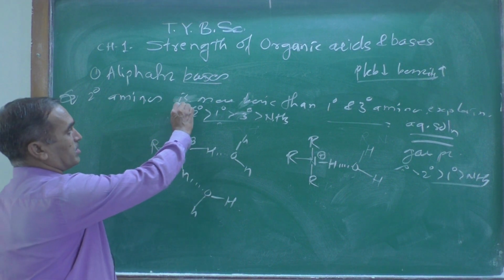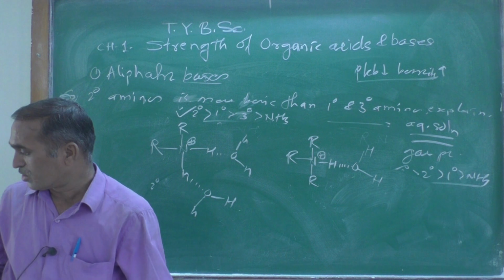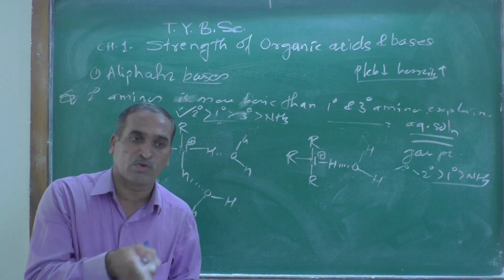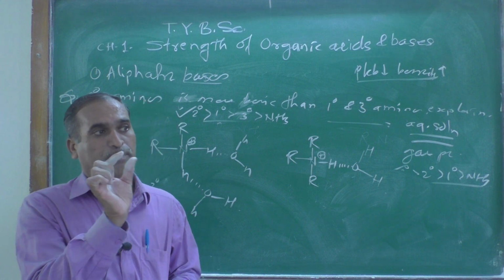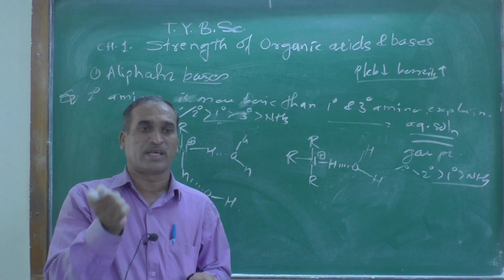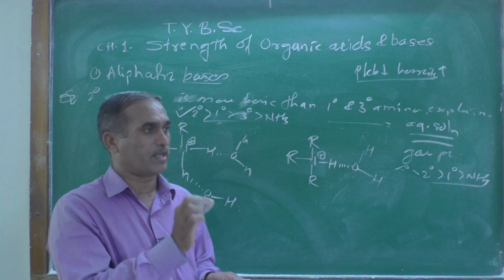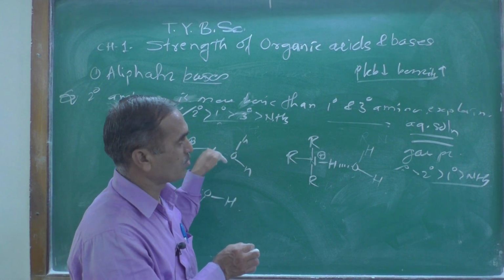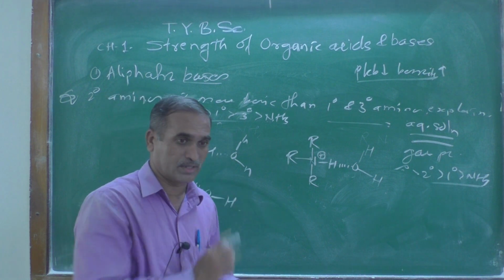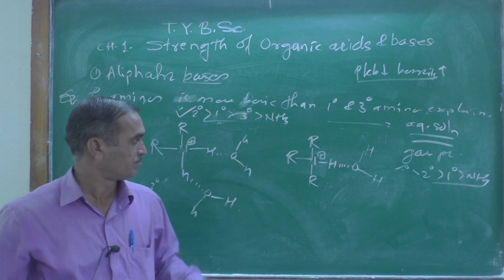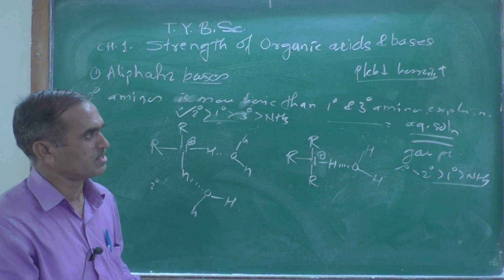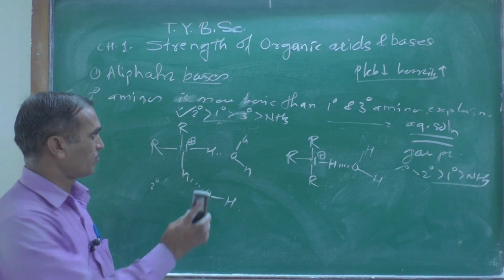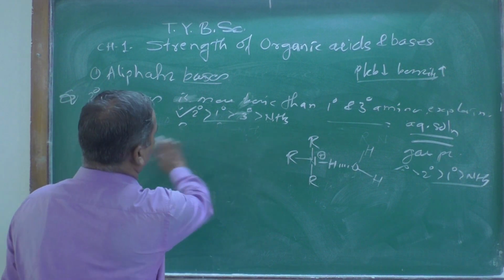Therefore this one is the strongest one, because the basicity of an amine is not decided by the plus I effect alone, but there is another factor, the strength of the hydrogen solvation of that molecule. This is about the first application of this.